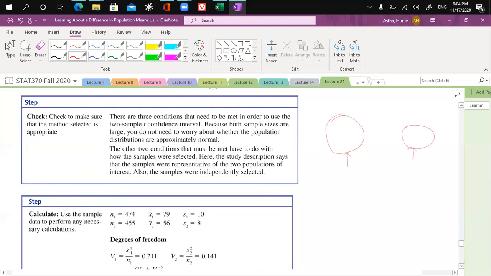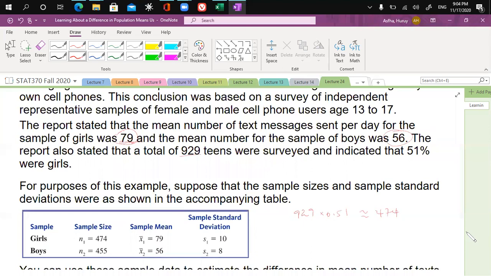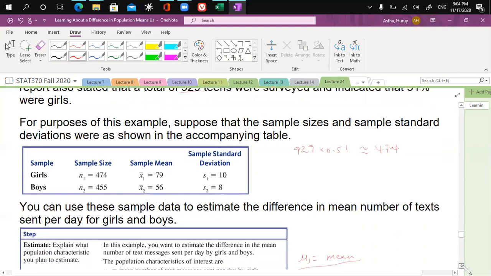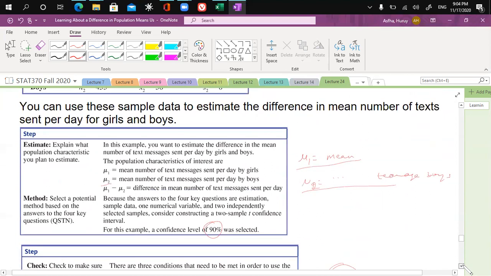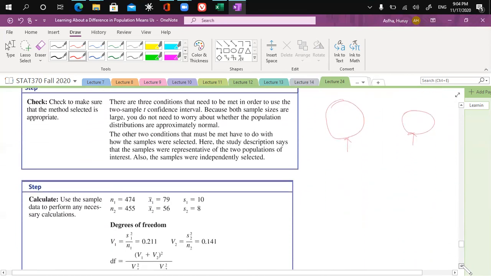We're going to assume that these groups are representative, it says representative sample. So all the conditions are met. Therefore, we are good to go with the formula, with the inference.